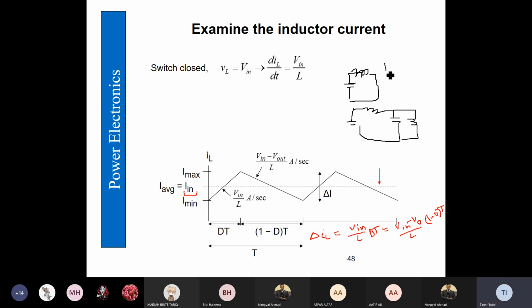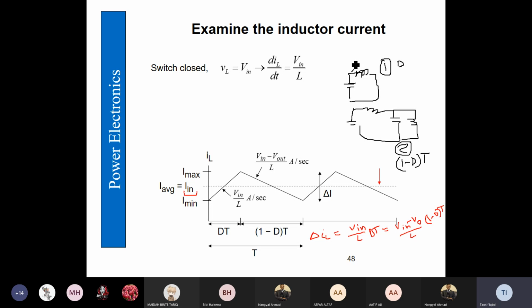So this is mode 1 when the switch is closed, when we have duty cycle D, and this is mode 2 when we have 1 minus D into T. So therefore you can see that the inductor current is all the time connected with the supply.